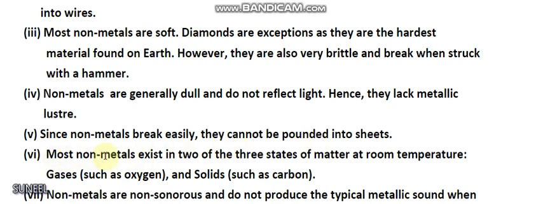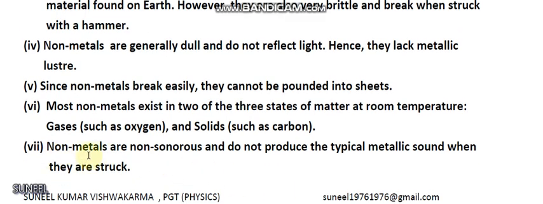Another one, most non-metals exist in two of the three states of matter at room temperature, that is either gases or solids. The examples of gases may be oxygen, nitrogen, etc., or solids such as carbon or phosphorus. Non-metals are non-sonorous and do not produce the typical metallic sound when they are struck. So these are the physical properties of metals and non-metals.